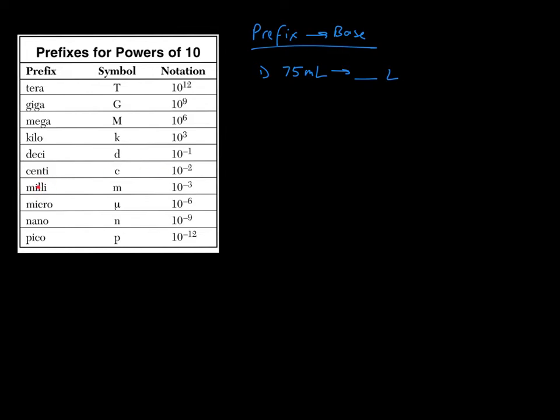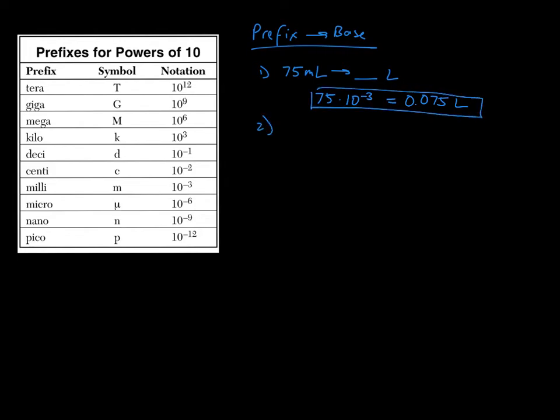We're going from the prefix to the base, left to right, so we multiply by the notation. We're going to take 75 times 10 to the negative third equals 0.075 liters. Okay, so that's our final answer right there.